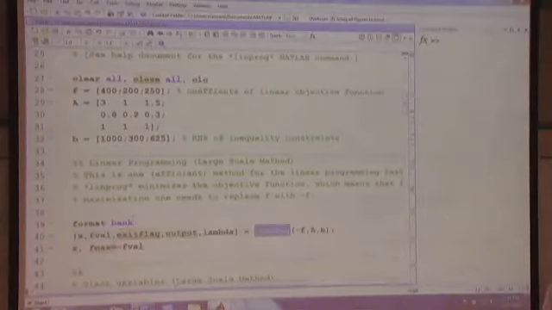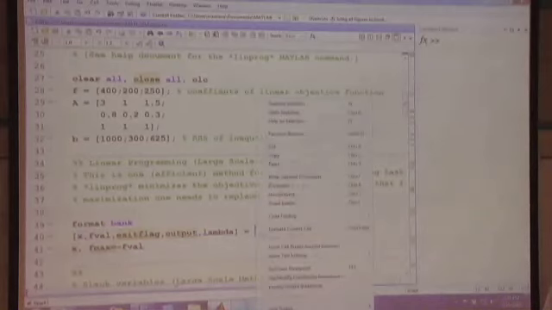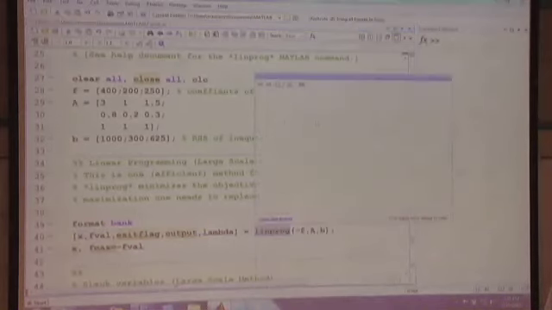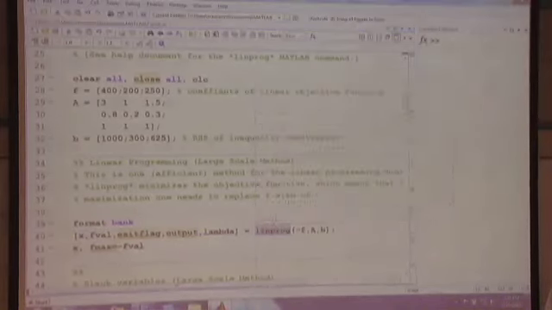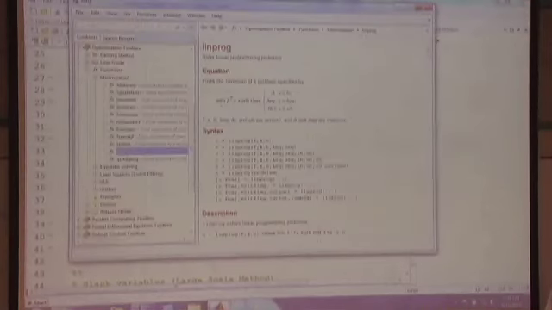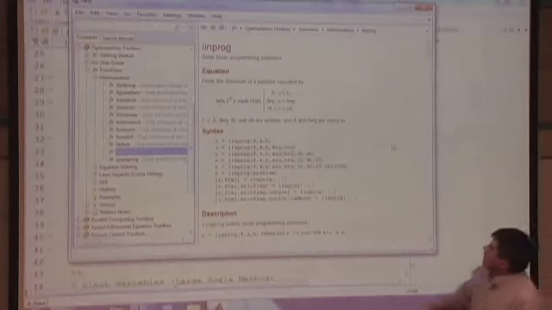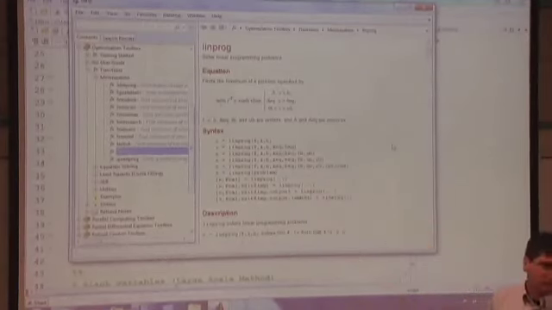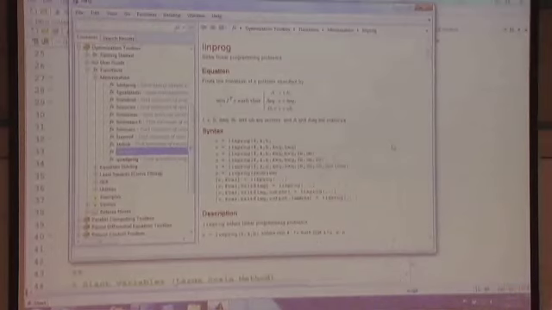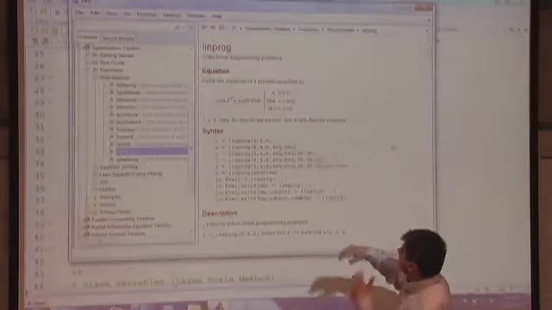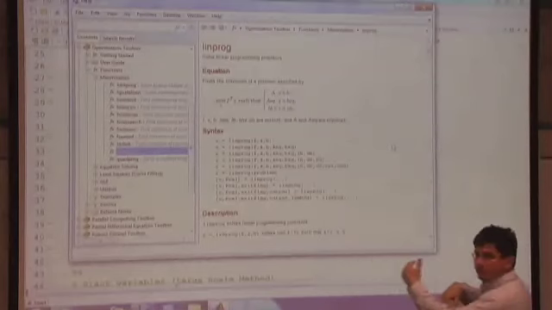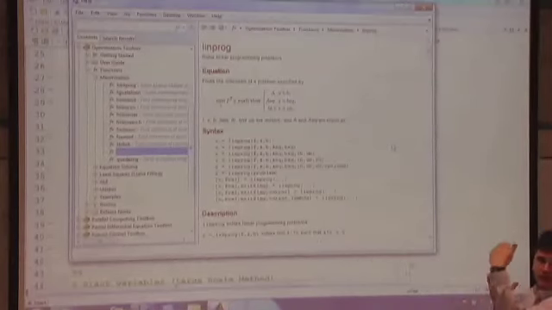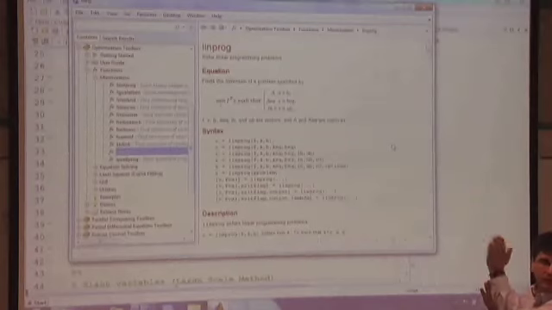So the best way to see this is to look at the help here. So linprog actually minimizes the objective function, which is linear, so f times x, but f transpose. So f is a column, right?